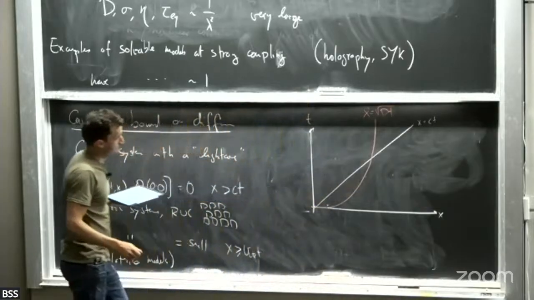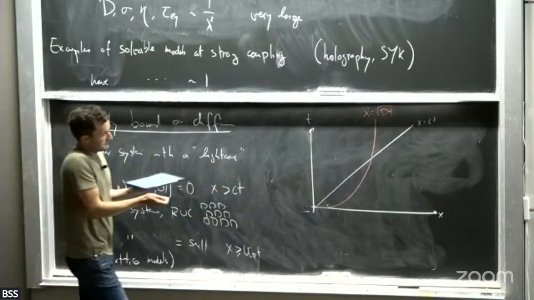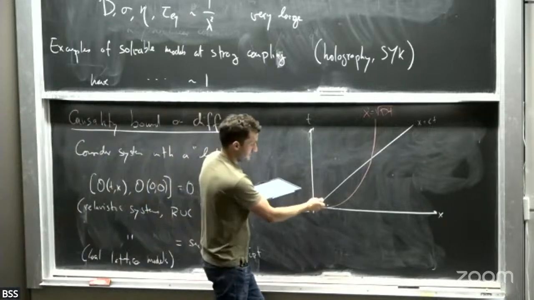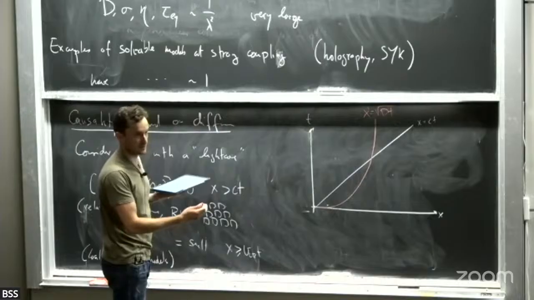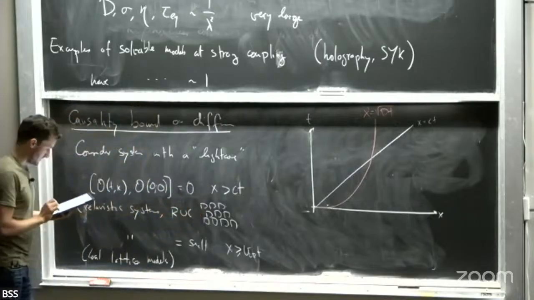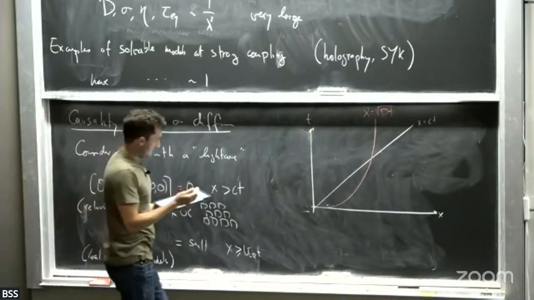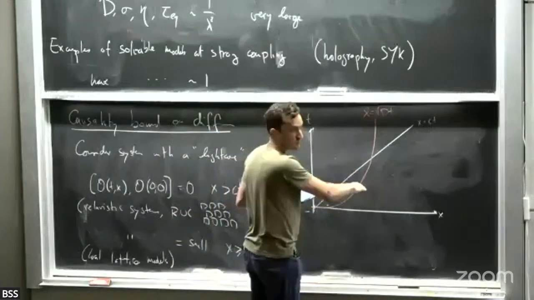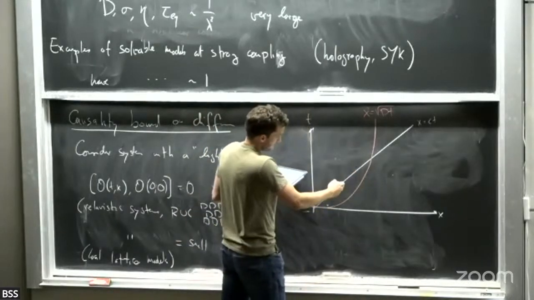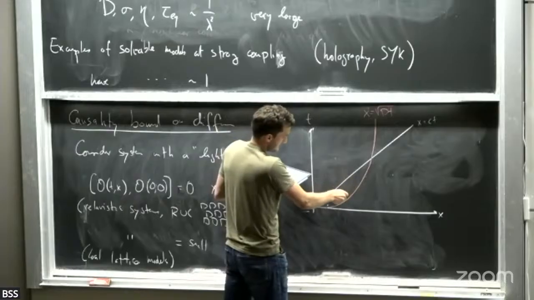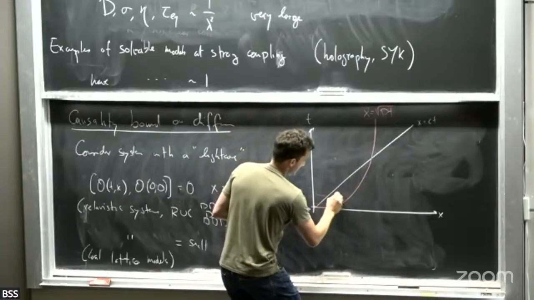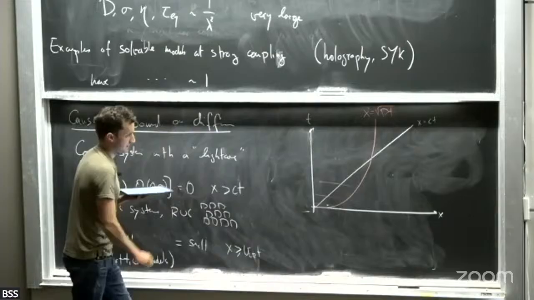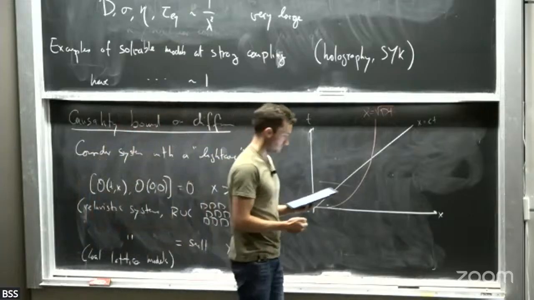Of course, that's not a contradiction, because diffusion is never the microscopic description of the system. It's emergent in any situation of interest, but it tells you that it can't emerge too soon. Diffusion tells us there's big spectral weight everywhere here, and this would violate causality if diffusion emerged too soon.